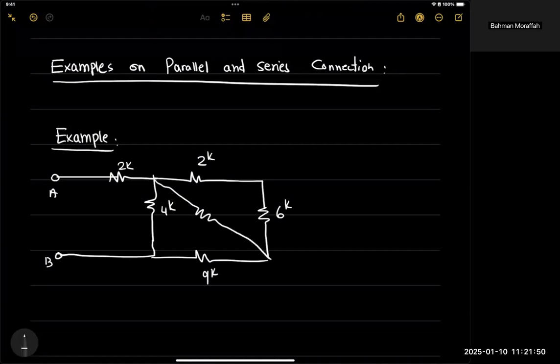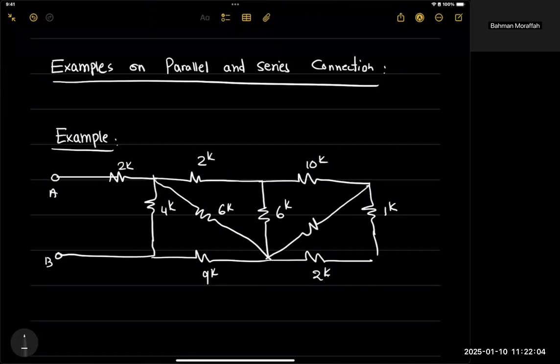Then we have another 6K over here, 10K, 1K, 2K, and a 6K. And the question is, what is the equivalent resistance from this point, from A and B?